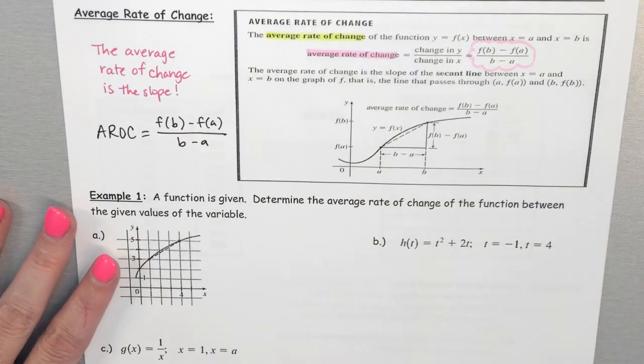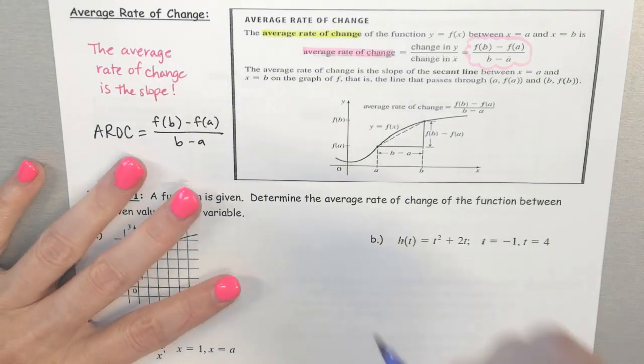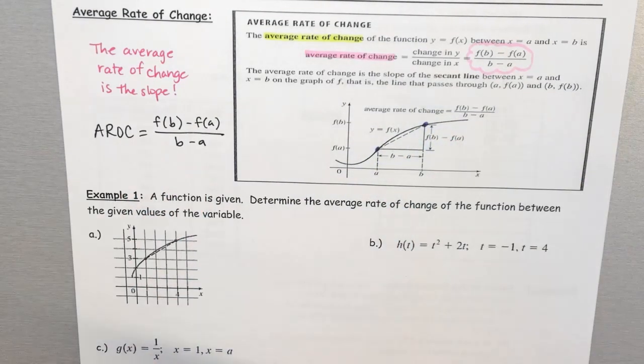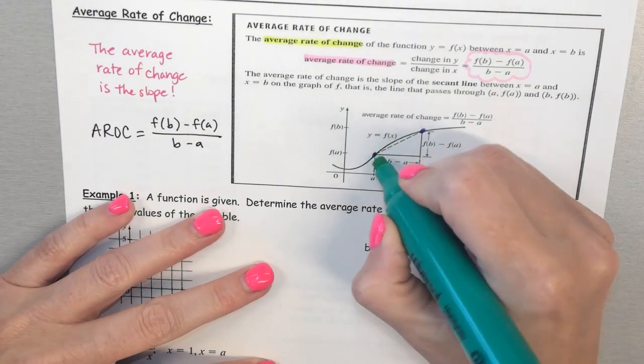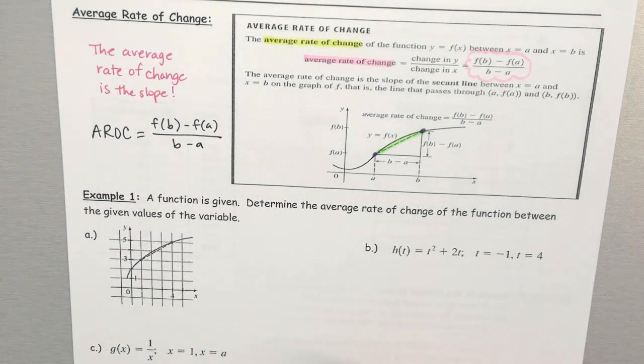And you can apply it to points. When you're finding the average rate of change of a curve, you're using 2 points on that curve, and the average rate of change is going to be the slope of that line.